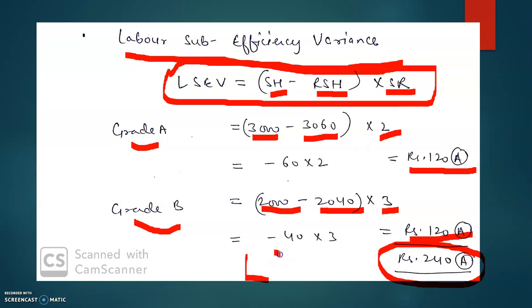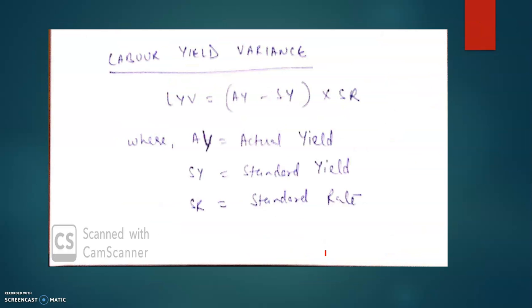This is LSEV, labor sub-efficiency variance. I hope this topic is clear to all of you. Here we have calculated the variance in terms of labor. Now let's move on to the next topic.